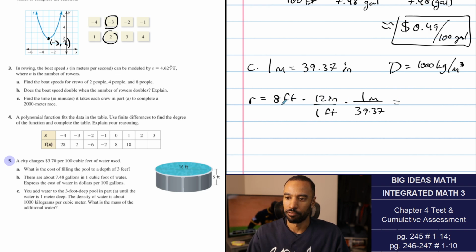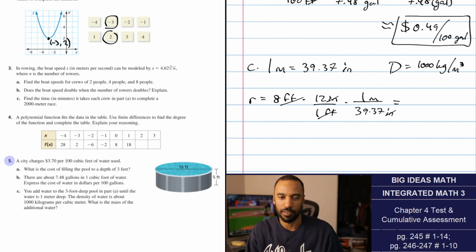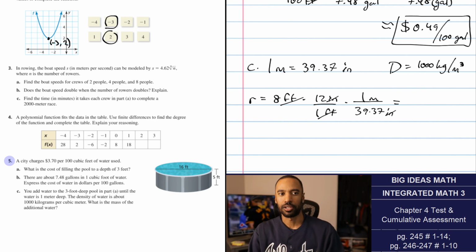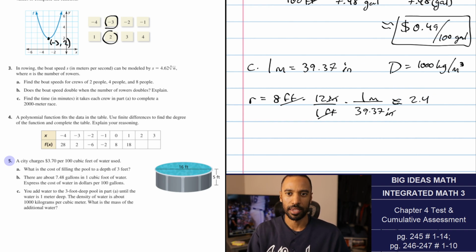Which means feet cancel, inches cancel, and you're left with 8 times 12 divided by 39.37. 96 divided by 39.37. All right, clearly not a clean number, 2.43 something. I'm just going to put around 2.4. I have this number stored in my calculator right here.